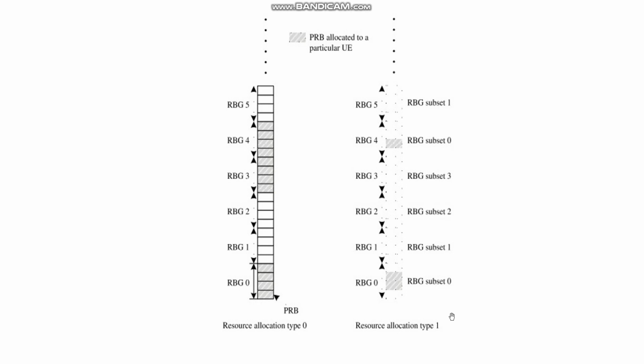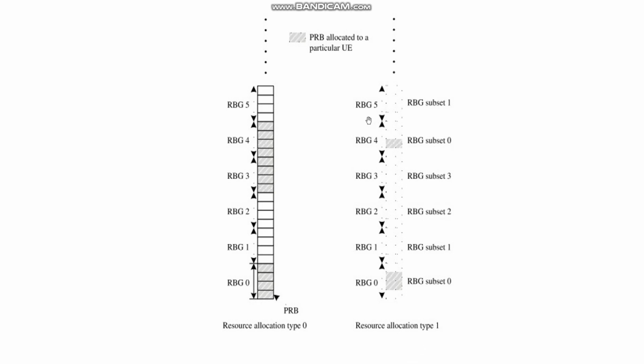And since P is equal to 4, there will be 4 subsets, 4 physical resource blocks in one resource block group, and again 4 resource block group subsets named physical resource block subset 0, subset 1, subset 2, subset 3. After this the format repeats: RBG subset 0, subset 1, subset 2, subset 3.